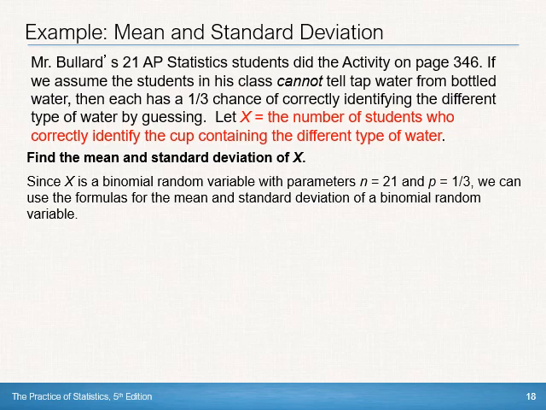So let X be the number of students who correctly identify the cup containing the bottled water. All right, so we have 21 students, so X will take on a value in this class anywhere between 0 and 21. Maybe everybody can tell the difference, or everybody guesses correctly, and so all 21, or maybe no one, right?